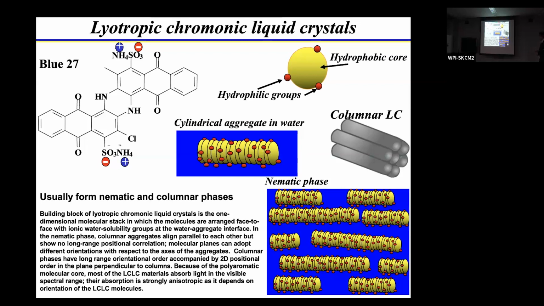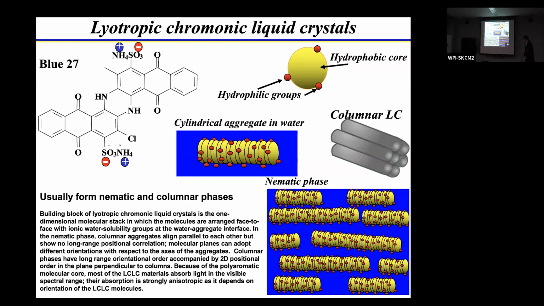And so when such molecules assemble in an aqueous medium, they tend to hide their hydrophobic cores and expose their hydrophilic periphery ionic groups. And so they can stack on top of each other into these one-dimensional molecular aggregates.